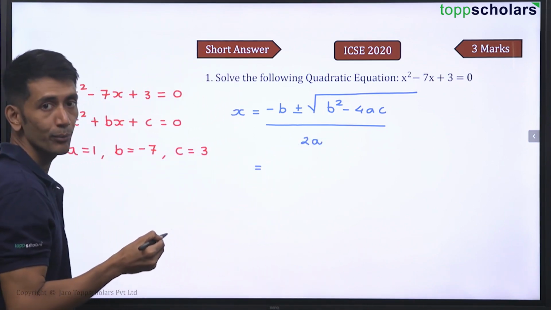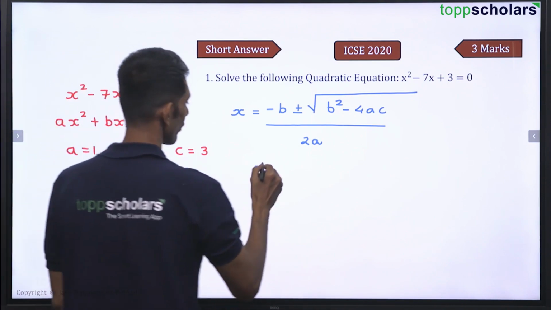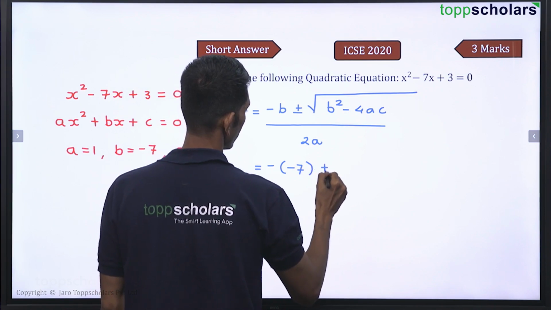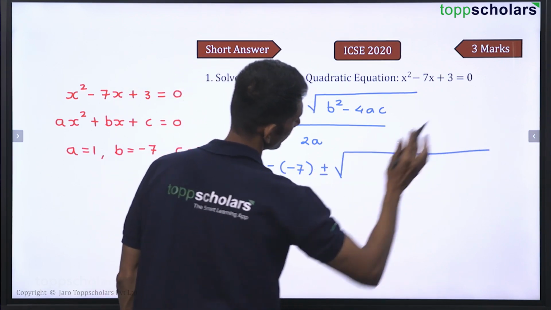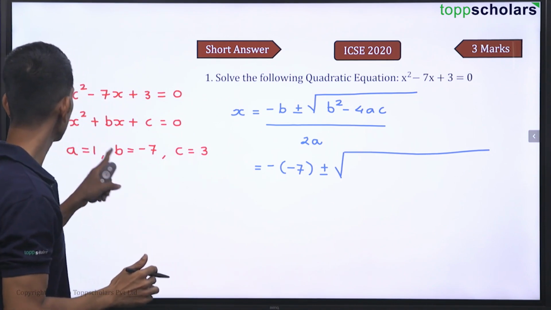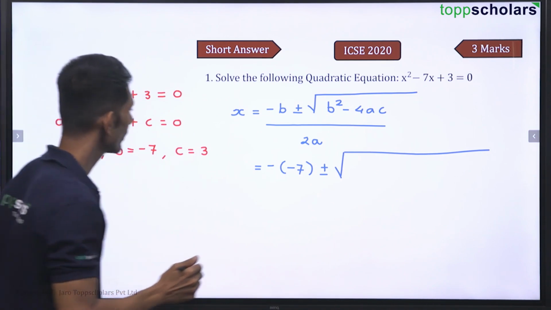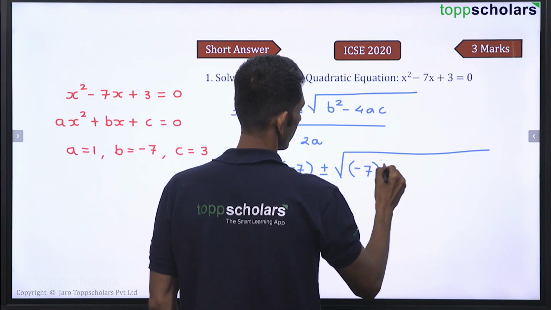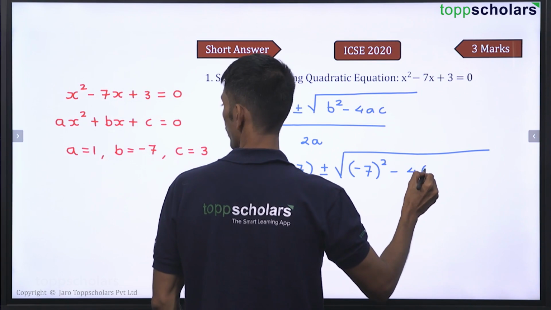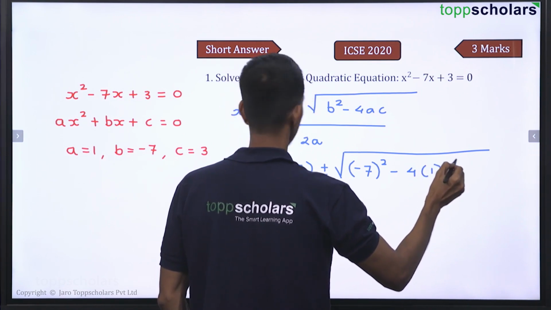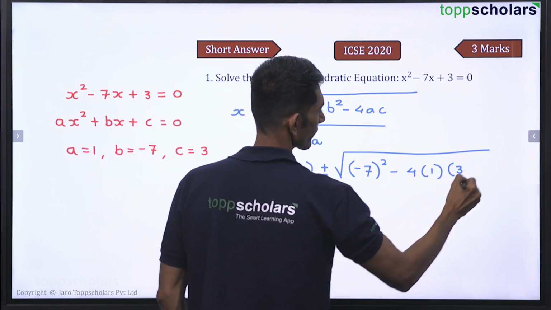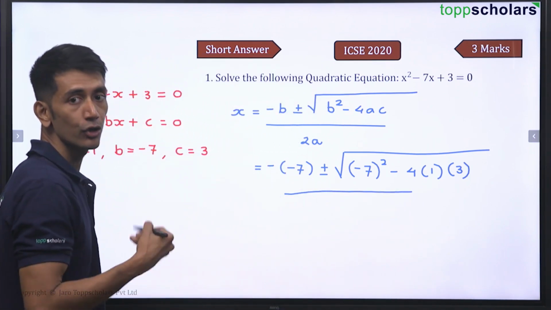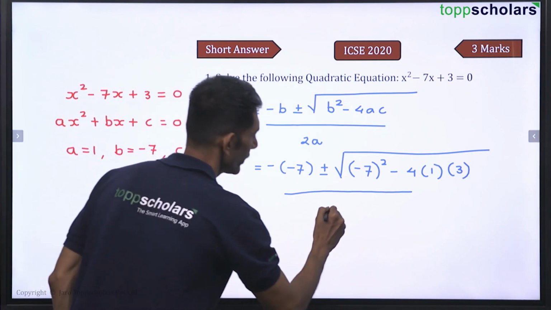So that gives you minus b, that is minus of minus 7, plus or minus under root b square minus 4ac, that is minus 7 square minus 4 into a is 1 into c is 3, the whole divided by 2a, that is 2 into 1, 2.